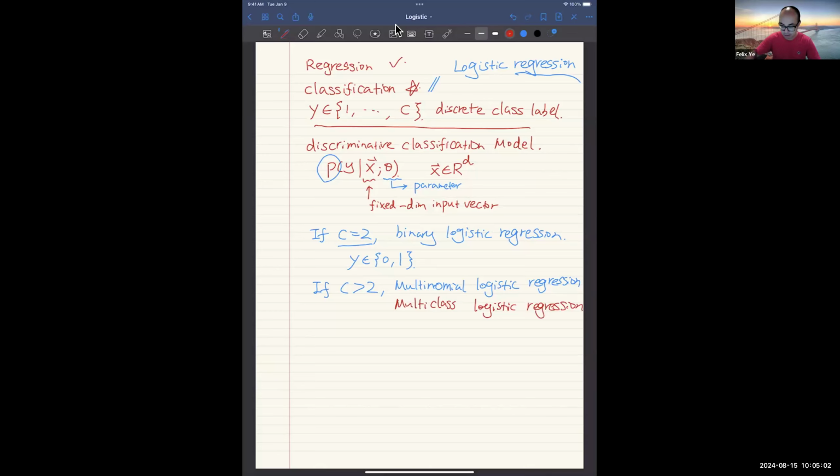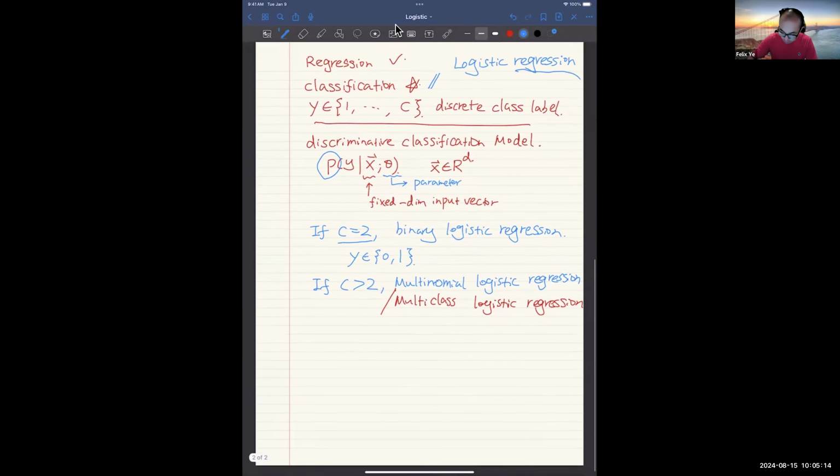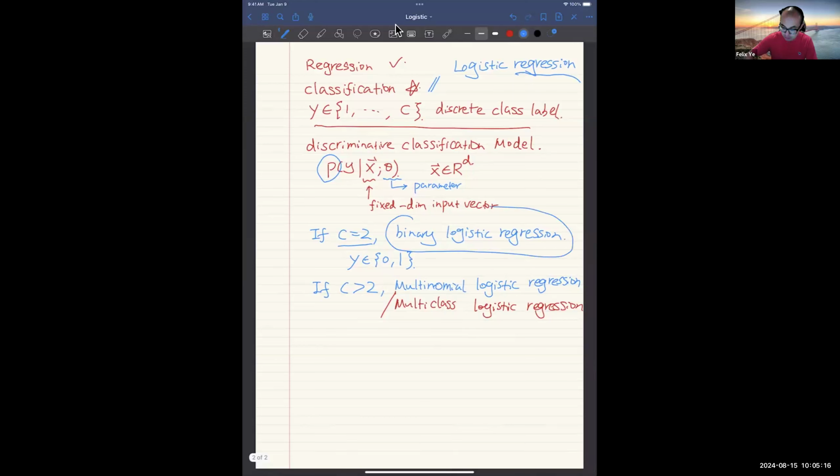These are just different names for that. For this lecture, we will just focus on the binary part. In a later lecture, we will talk about multi-class.